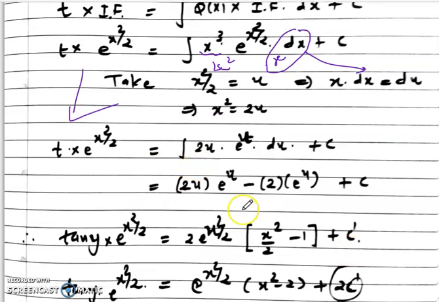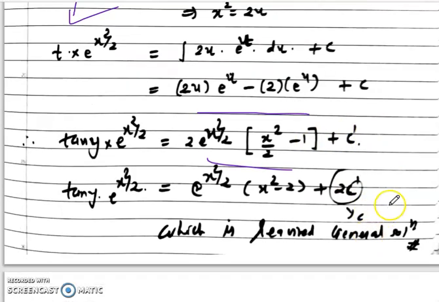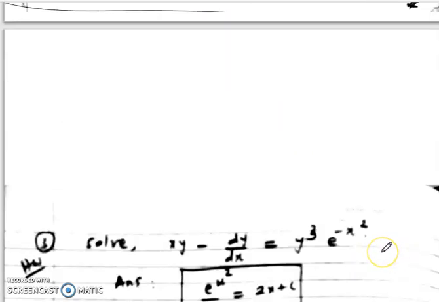After integrating, you will get this. Then u is replaced by x square by 2, and you will get this. Again you can take 2 as LCM, so x square minus 2. In that case 2 will be cancelled out, but here 2c dash is going to be a new constant, and this is exactly the general solution.